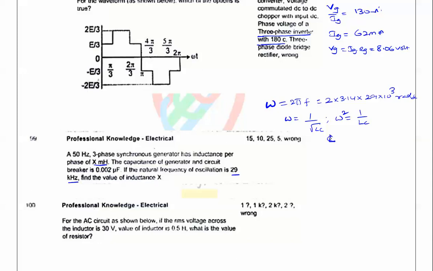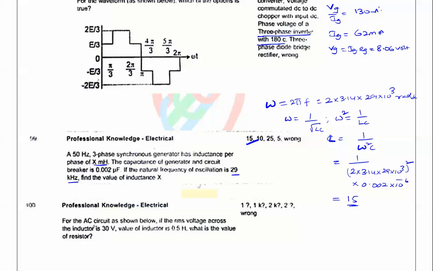We want L value, so L is nothing but 1 by omega square into C. If you substitute these values, we get 1 by 2 into 3.14 into 29 into 10 power 3 whole square into 0.02 into 10 power minus 6. Why? Because microfarads. If you solve this, you will get the answer as 15. You can check it. So the option is 15 here.